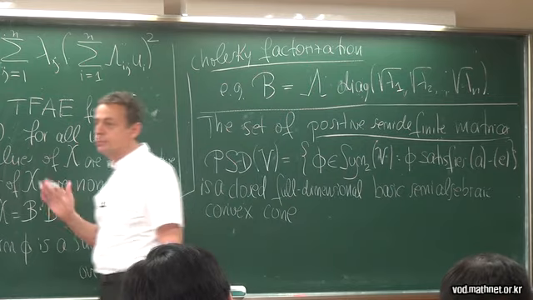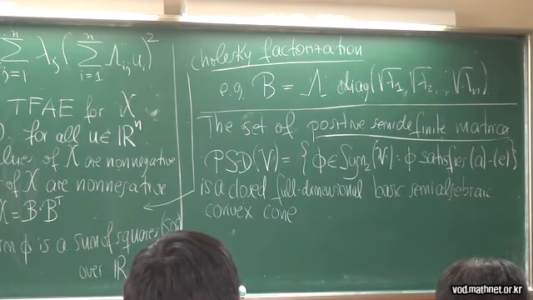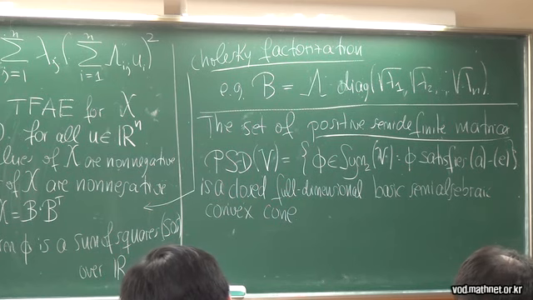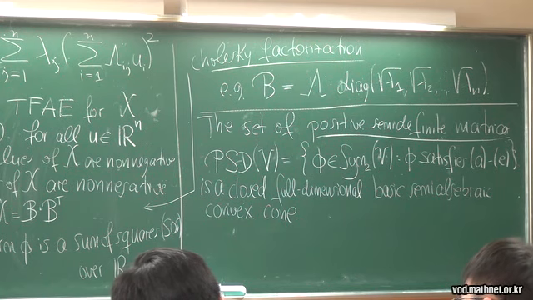Okay? Each of these words is important. Okay, so let's read this together. Right? So it's a closed, full dimensional, basic semi-algebraic, convex cone. Okay? So what do these things mean? Well, a convex cone in a finite dimensional real vector space is the intersection of a number of half spaces that go through the origin.